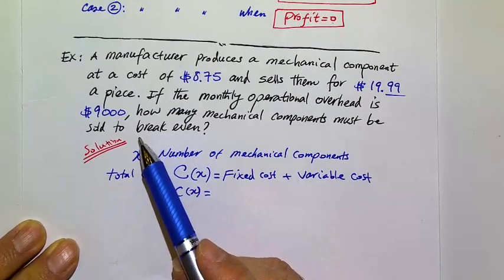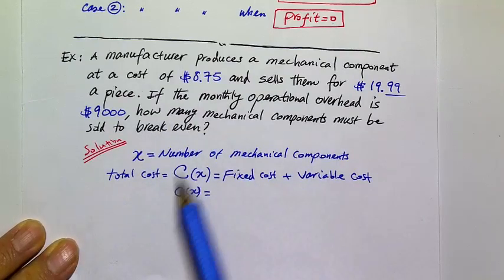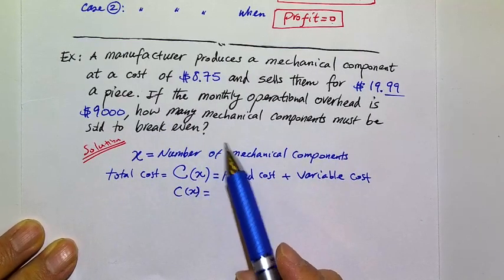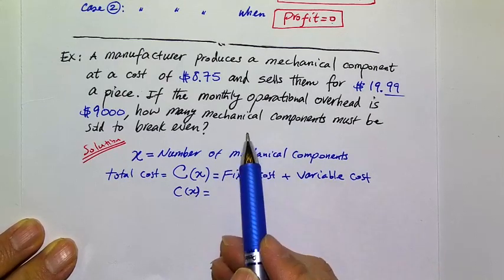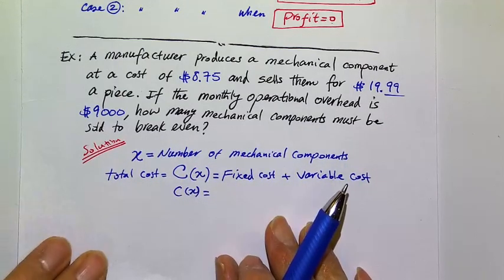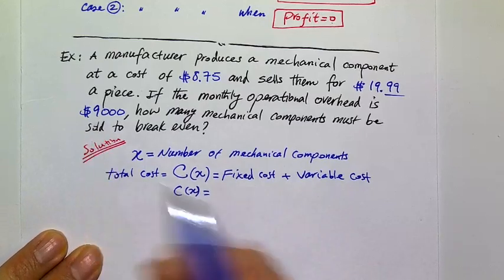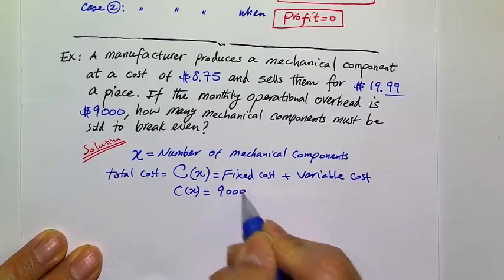All those utility connections are part of this monthly overhead, which you would be paying anyway, even if you didn't sell any of these mechanical components. So the $9,000 is our fixed cost.